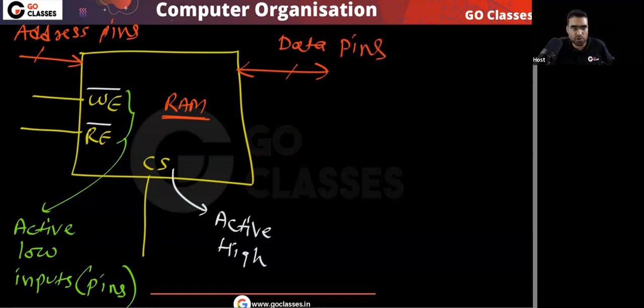Now you tell me, in this situation, when this chip select is an active high input, when will this memory chip be activated? Here I am assuming that chip select is active high. What does that mean?